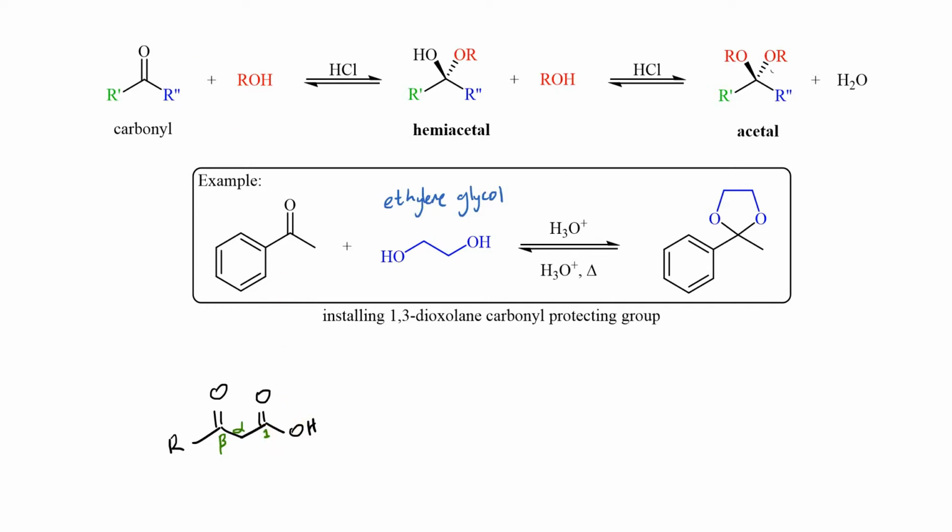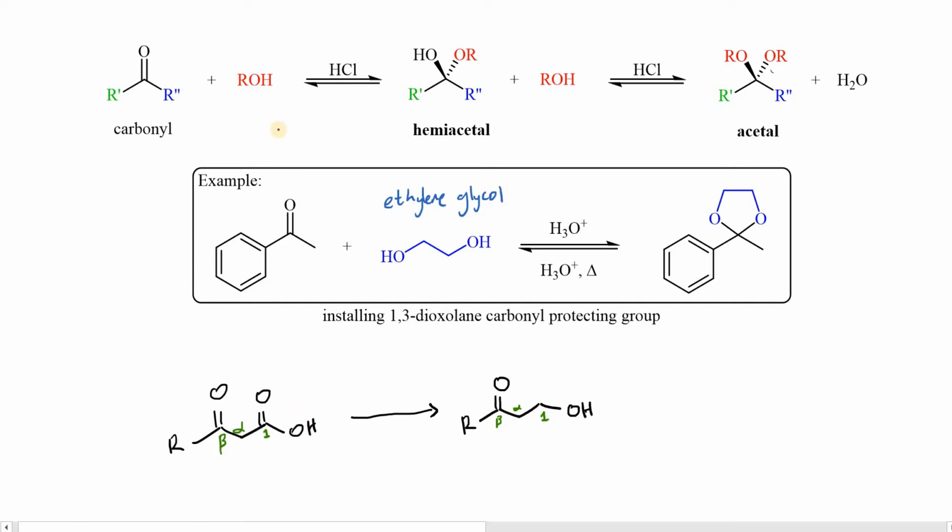So, let's say the reaction of choice is to do this, to have the carbonyl still present at the beta position, but instead, at carbon 1, we'd like to do this. Instead of having the carboxylic acid, we want an OH group bound to carbon 1.